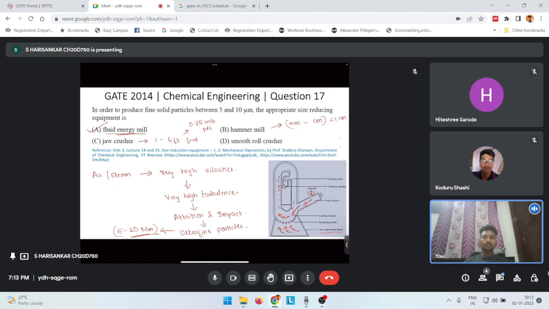This high turbulence will lead to a lot of attrition and impact between the particles that we are introducing, and this will lead to production of ultra fine particles, in the range of 5 to 10 micrometers. So the correct option here is basically the fluid energy mill.